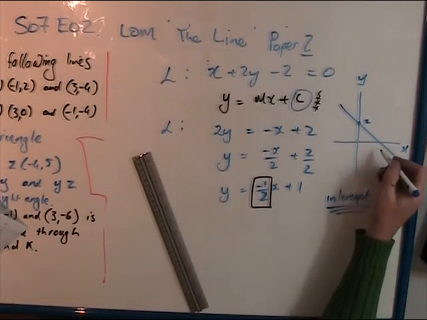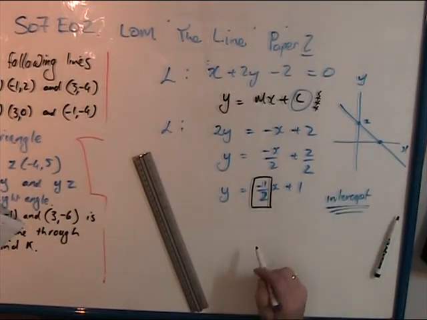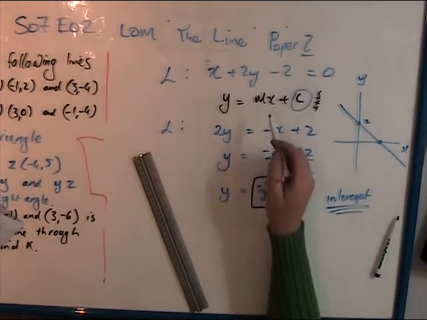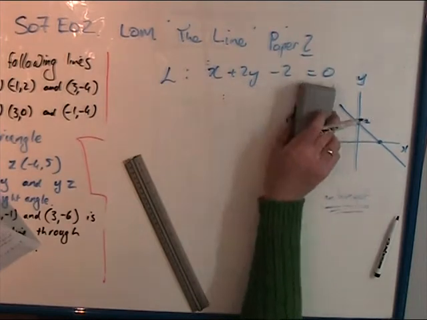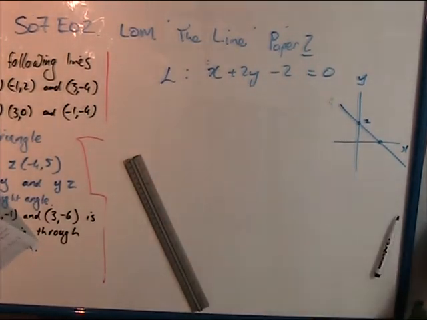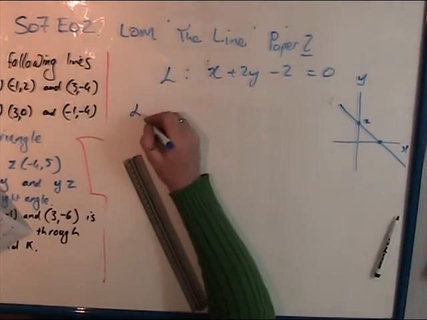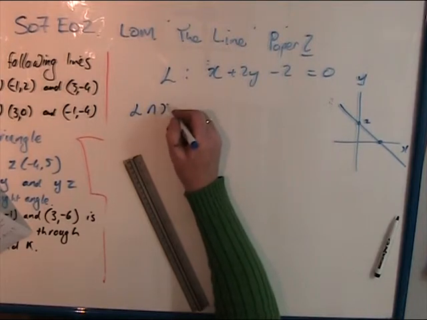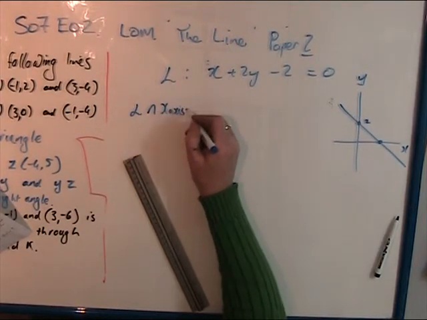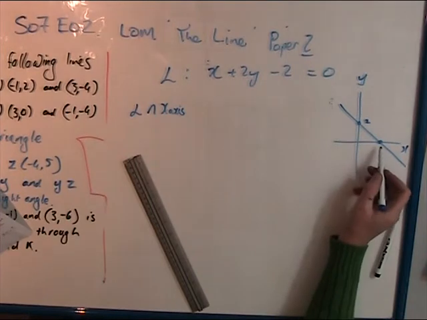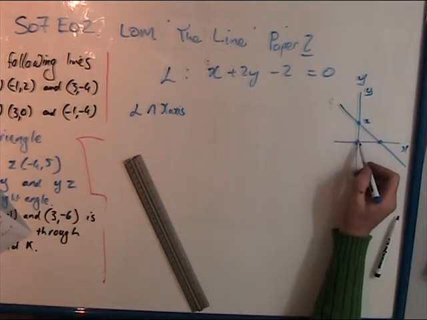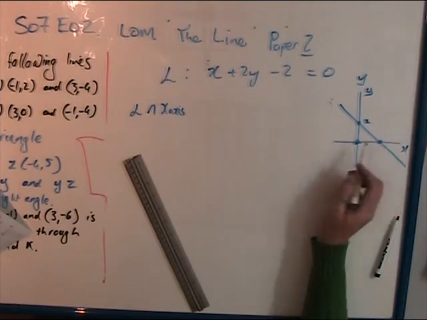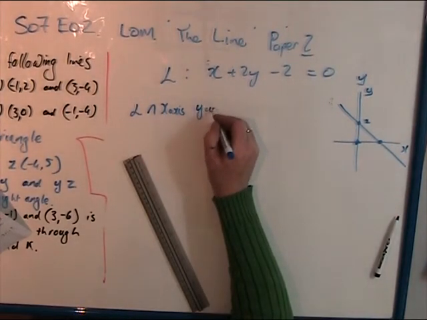Now, how can I find out the x value? How can I find out the x value? Well, I know that when that line cuts the x-axis, what's equal to 0? So when L intersects with the x-axis, what's equal to 0? Y. Because reading along there, for y, this is 0, 0, the origin, you can see that y is equal to 0.